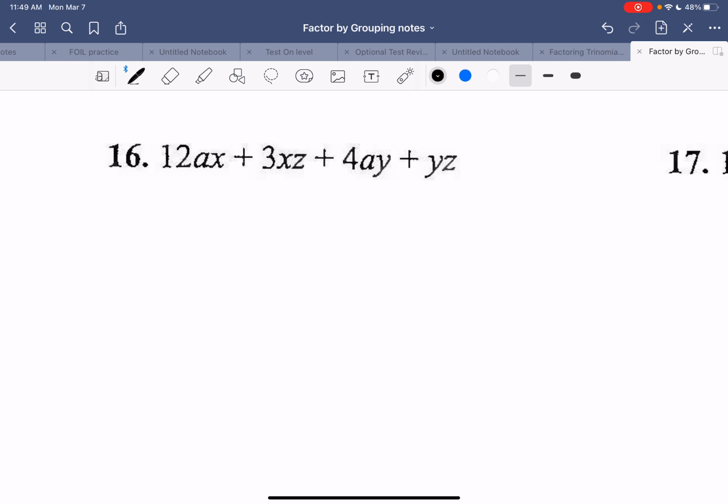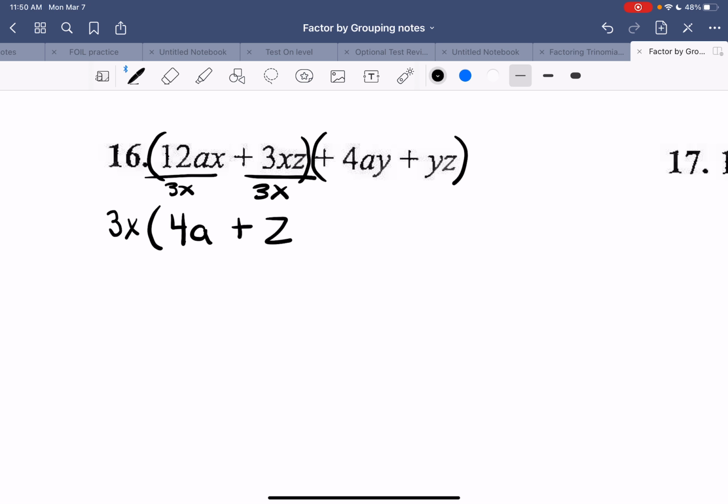And if I look at these factors, I see that there's a common factor in this one, and that common factor is going to be 3x. And when I divide this by 3x, I'm left with 4a. And if I divide this by 3x, I'm left with a positive z.